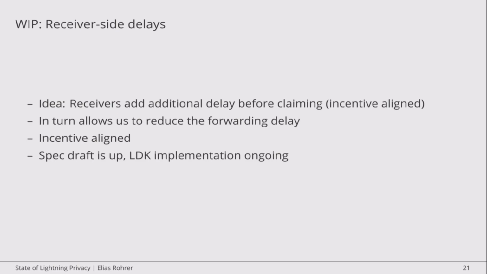It allows us somewhat to reduce the forwarding delay that we need anyway for HTLC batching, for I/O efficiency. Yes, we should randomize it, but we can reduce that, and then we shift that delay onto the receiver, which also makes it much more incentive aligned. So the party that would actually suffer from the de-anonymization attack can or should add that privacy delay, hopefully by default, but it's aligned with their goals.